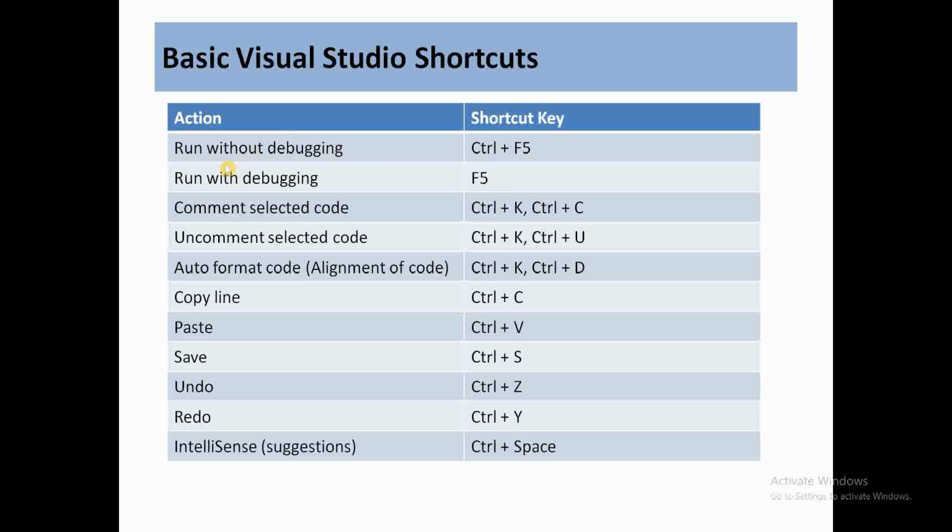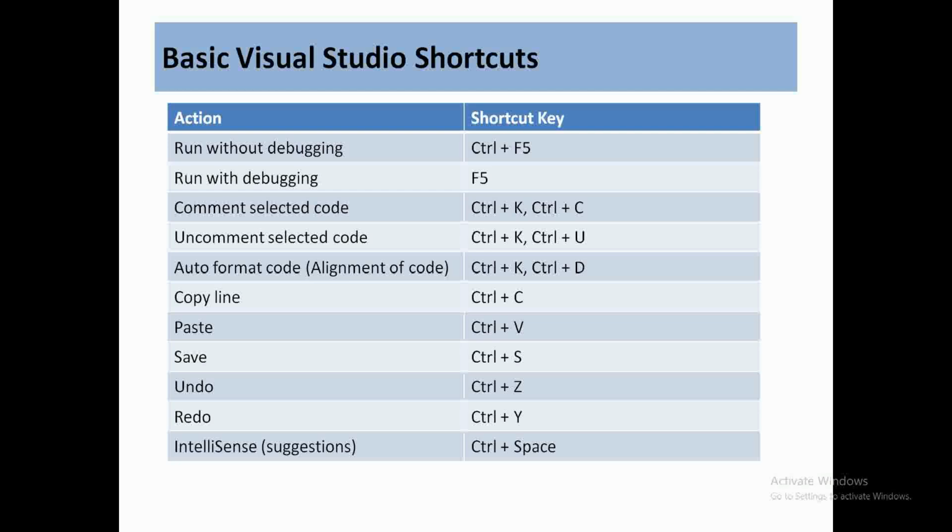Run without debugging means that if we do not want to put any breakpoint into our code or program, then we can instantly run and display the output of the program in the terminal window. So its main purpose is that Ctrl plus F5 runs the code instantly, without debugging or using any breakpoint, and it is not checking the code line by line.